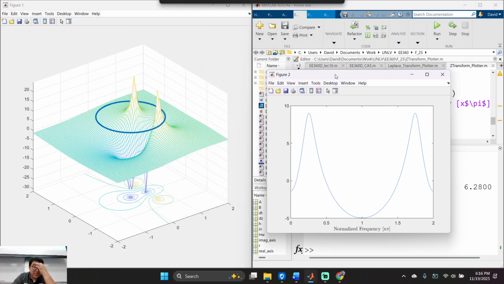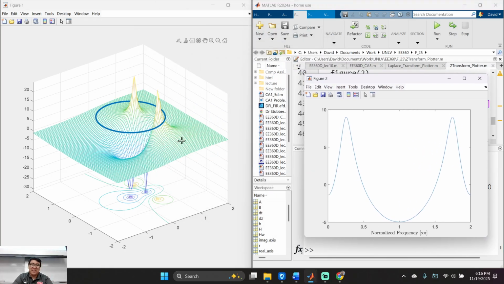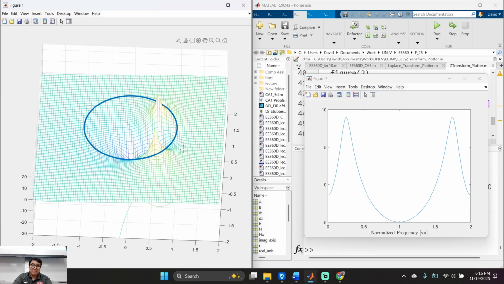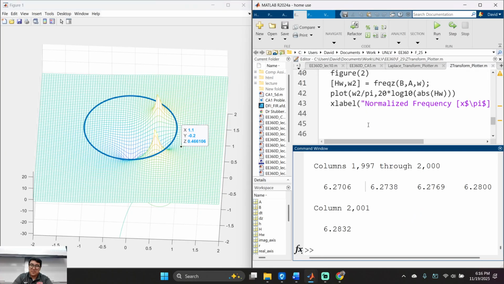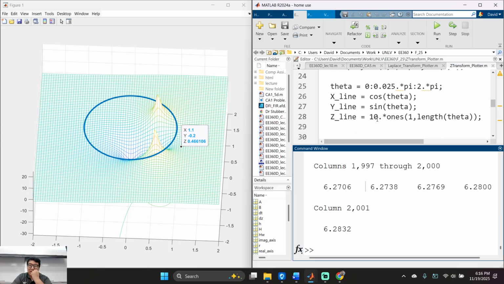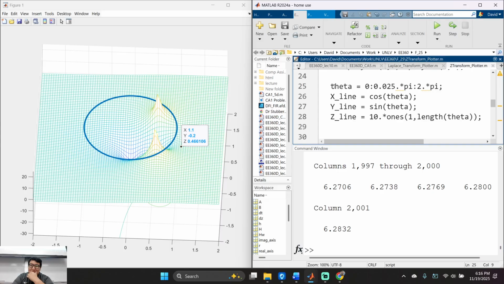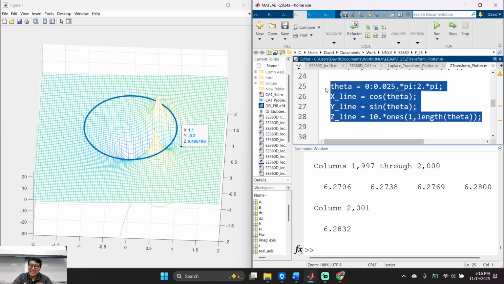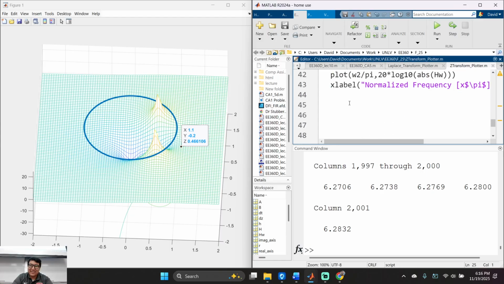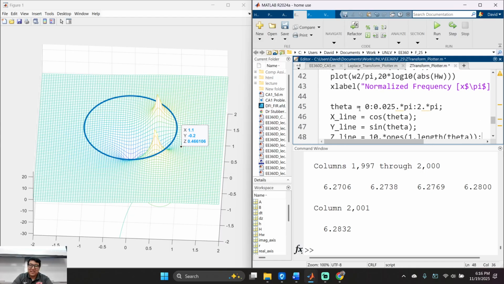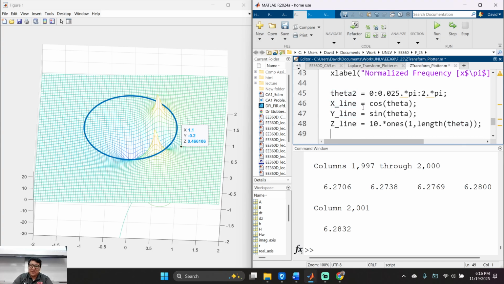Anyways, what I was trying to do was wrap this onto this axis right here. And I think you can do that if I copy this. Call this one theta 2 or whatever. That's my circle, right?